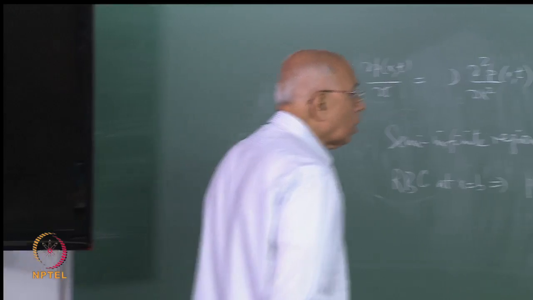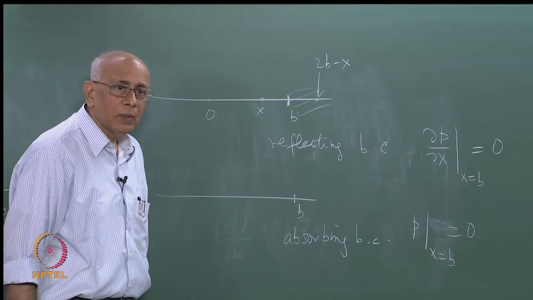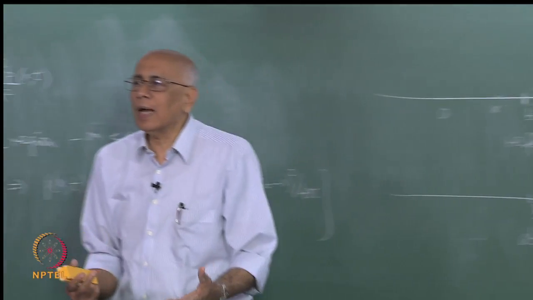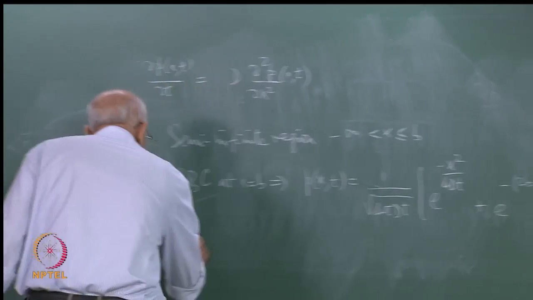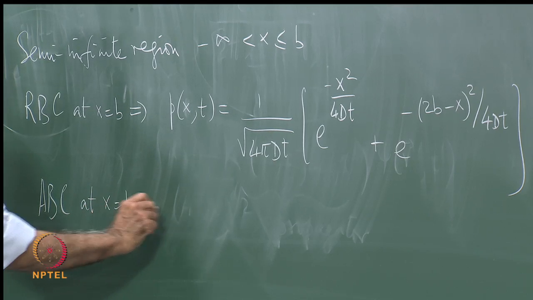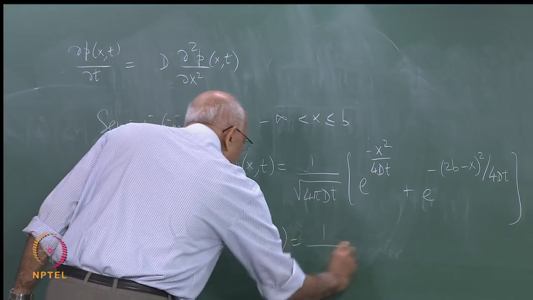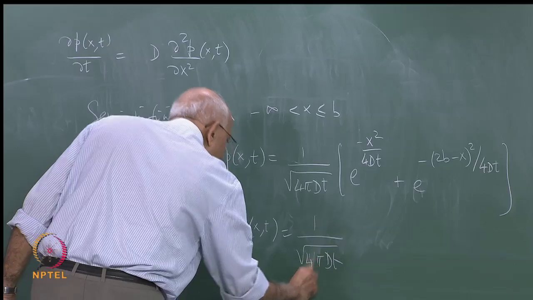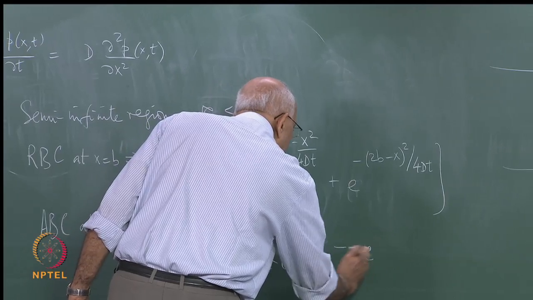Well, what is the absorbing boundary condition? It just says that once you hit this point, the probability must be 0. Then of course all you have to do is to say that these two walkers come along and annihilate each other. So it is exactly the same solution: absorbing boundary condition at x equal to B implies P of x comma t equals 1 over the square root of 4 pi Dt, this exponential minus the other exponential.